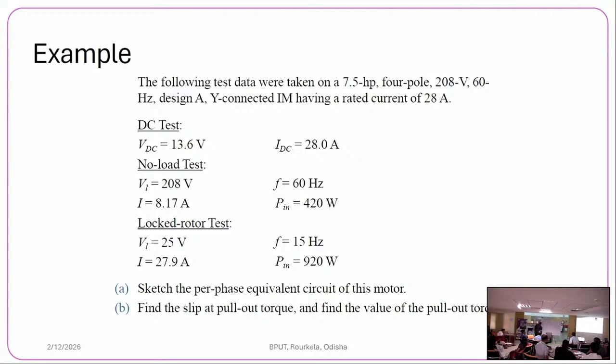Cos phi is R1 plus R2 dash by Z, which you already have. So you get the power factor, and I1 is there.